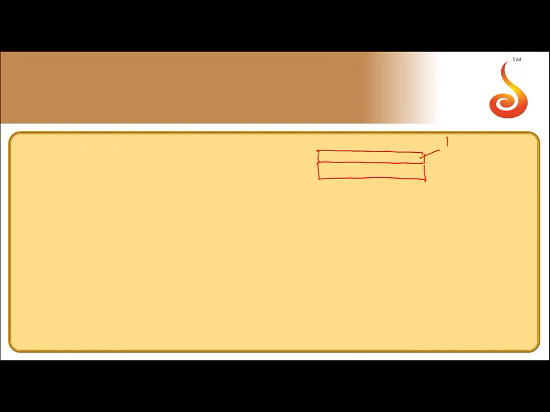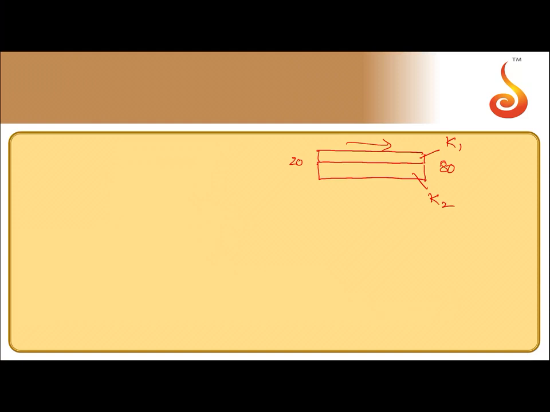So, this has thermal conductivity K1, this has thermal conductivity K2. So, this side the temperature is, let us say 20, here it is 80. So, heat flows in this direction.